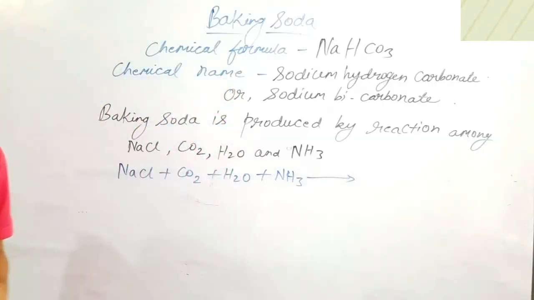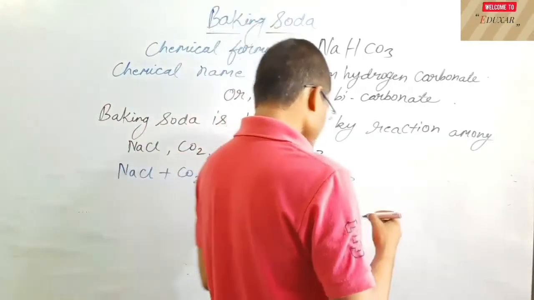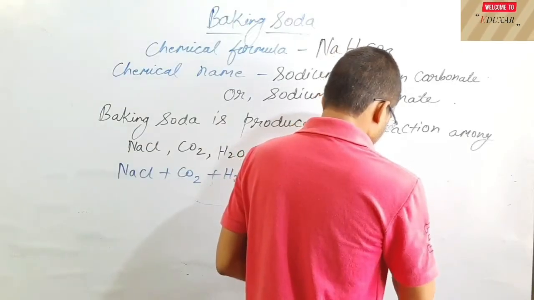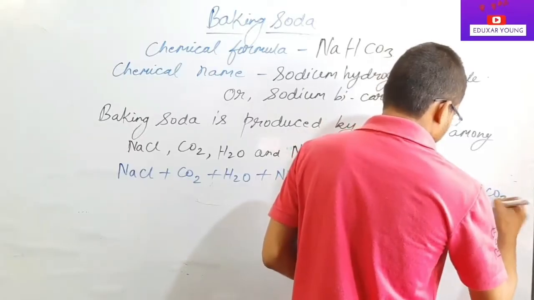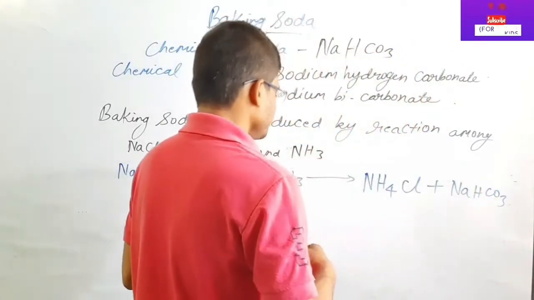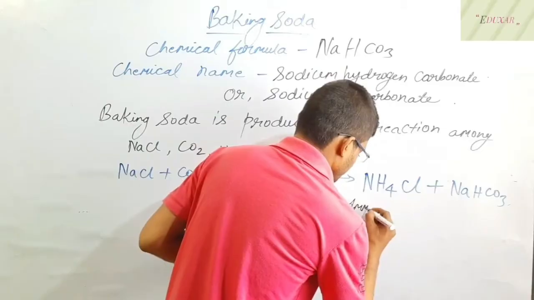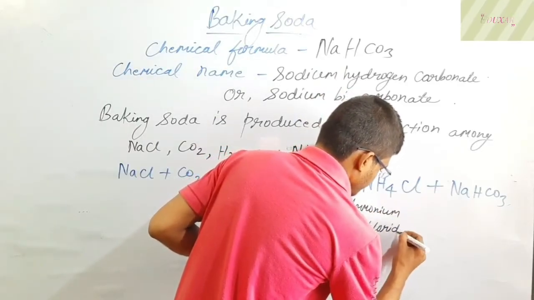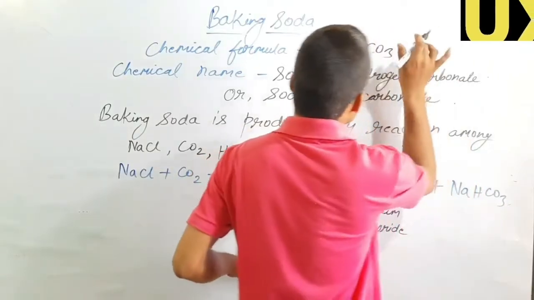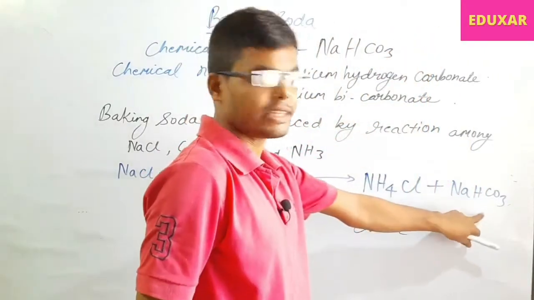What we conclude from there? We got here NH4Cl and NaHCO3, that is the ammonium chloride, and this one is the sodium hydrogen carbonate, that is the NaHCO3.